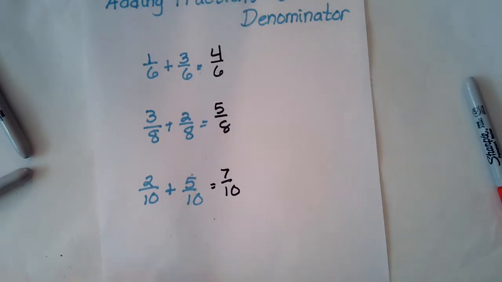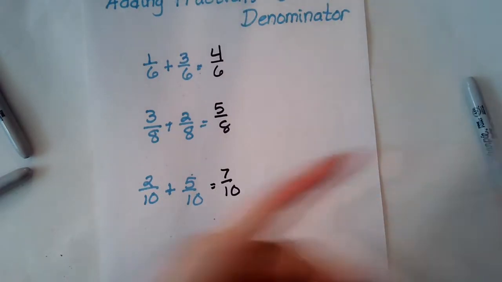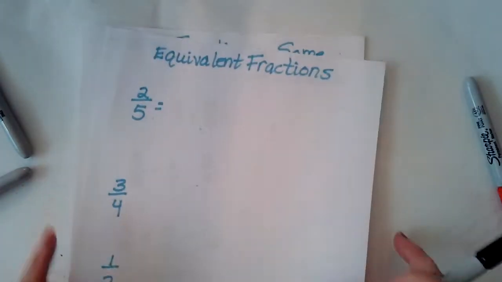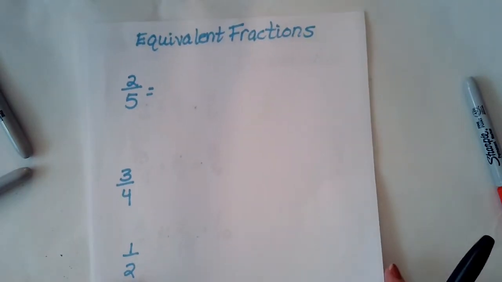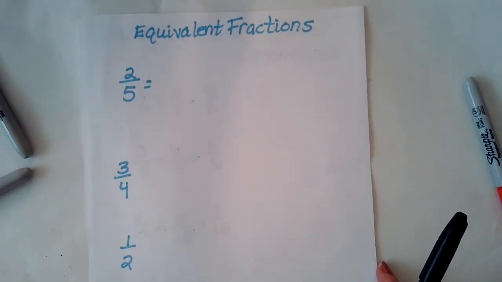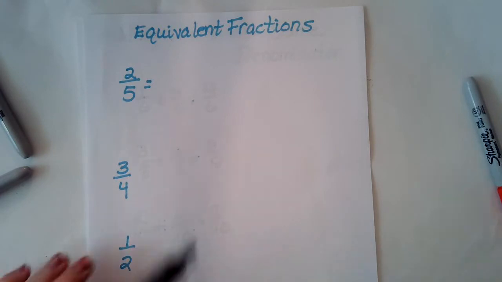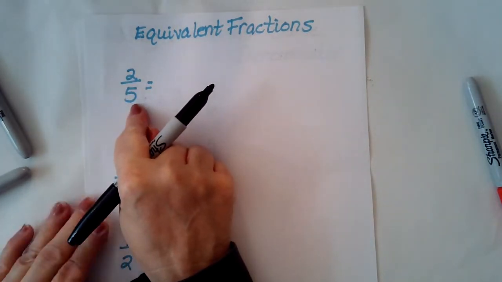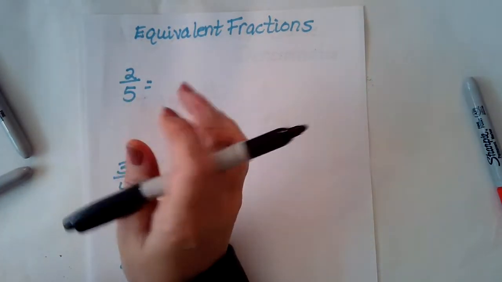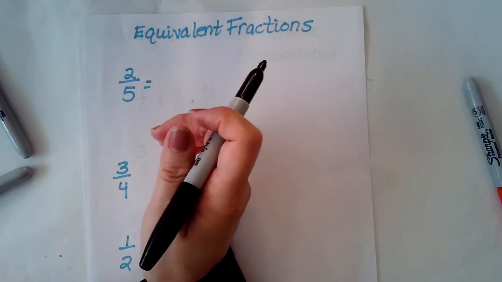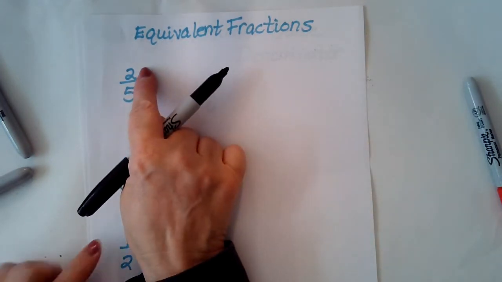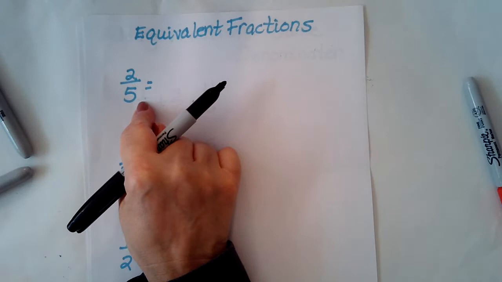Okay, moving on. Now, we also need to go over how to find equivalent fractions, equal fractions. So I hope you remember, if we have a fraction 2/5, we can make an equivalent fraction by multiplying a number by 2 and by 5, your numerator and your denominator.